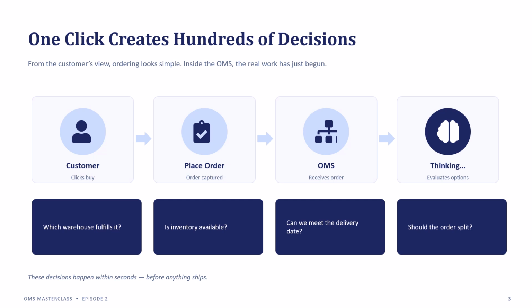First, it decides which warehouse should fulfill the order. The nearest warehouse is not always the best choice. Next, it verifies whether the required inventory is actually available at the selected location. It then checks whether the retailer can still meet the promised delivery date without violating the customer's expectations.